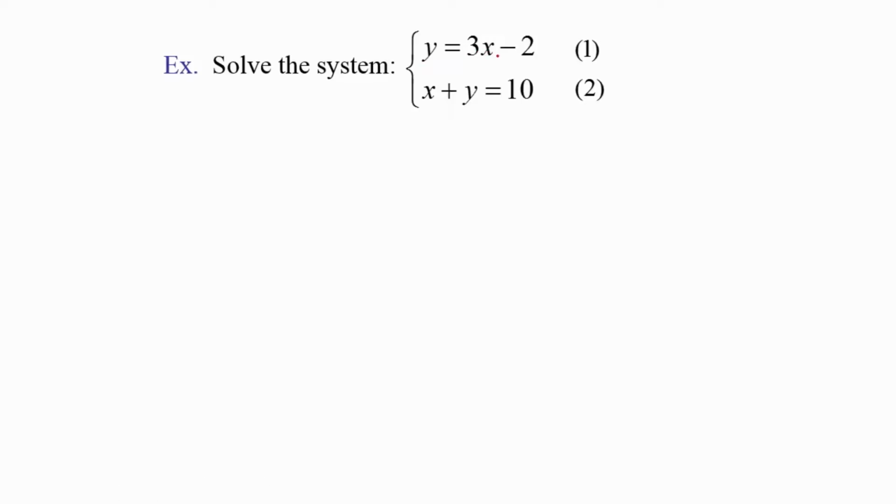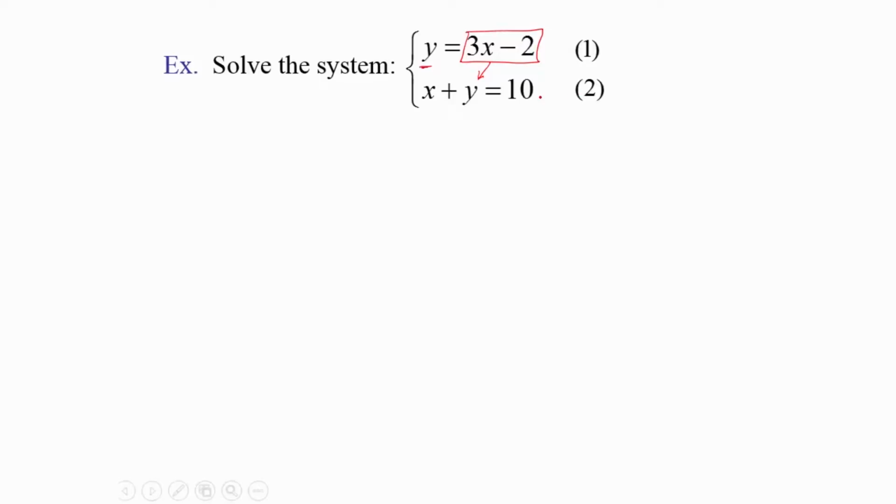Y equal 3x minus 2 and x plus y equal to 10. One way to solve this is you figure out the value of y as they have here. They made it simple for us. You figure out the value of y in terms of x, which is this, and then plug this into the second equation for y.